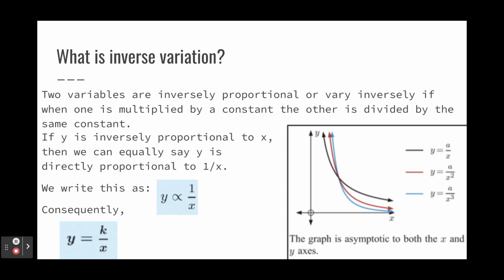And therefore, we're going to have the equation y is equal to a number, k, divided by x. So we're using the same notation as directly proportional, but if it's inversely proportional, we take this variable and we put it into the denominator. And we're going to practice with a few of these.